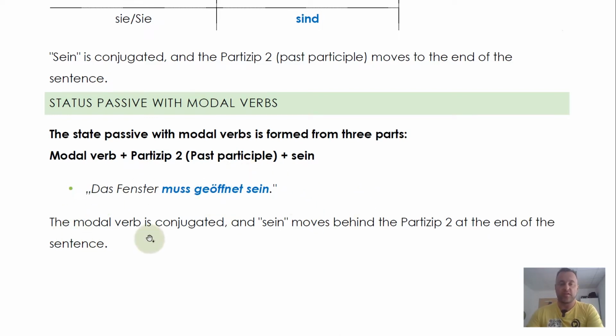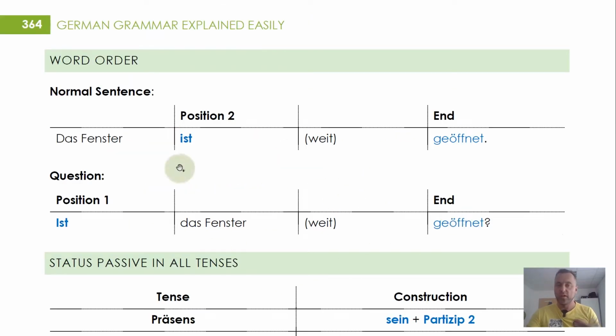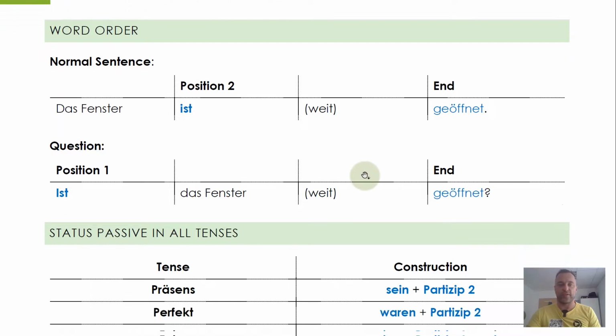So here it's the regular rules of modal verbs with another two verbs in there. We put that auxiliary verb that we need to create that special form at the end of the sentence. And if we have to add any other information, it goes right here. The modal verb stays second position and those two stay at the end of the sentence. So word order is 100% regular.